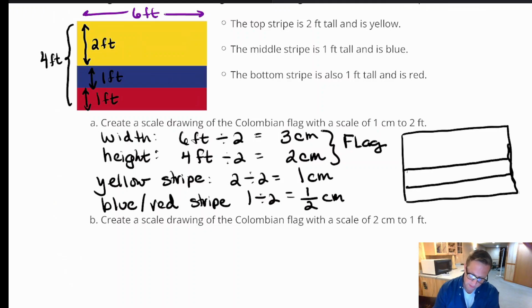Right there, this is 3 centimeters this way, and then it's 2 this way, and I'm going to color it in.